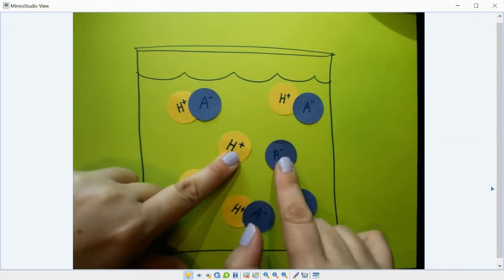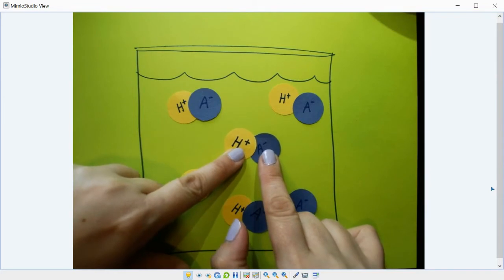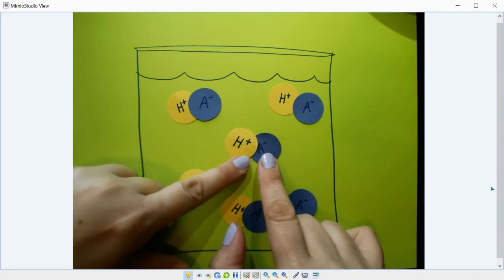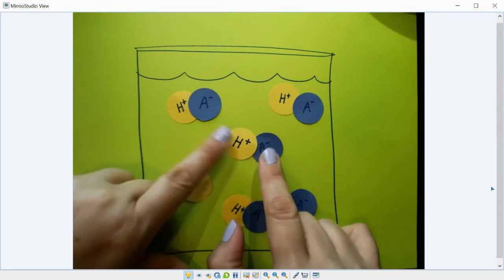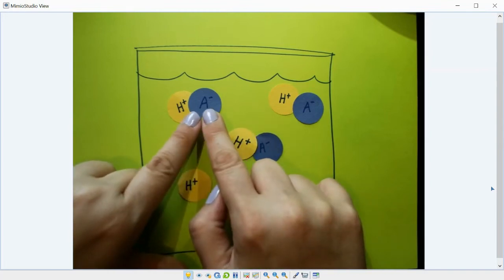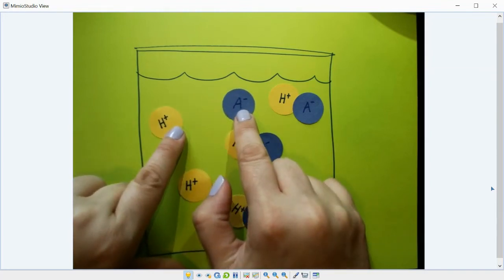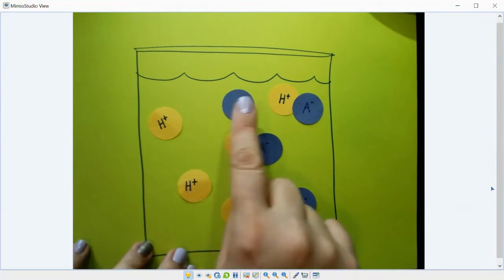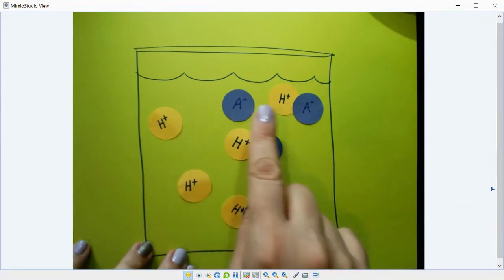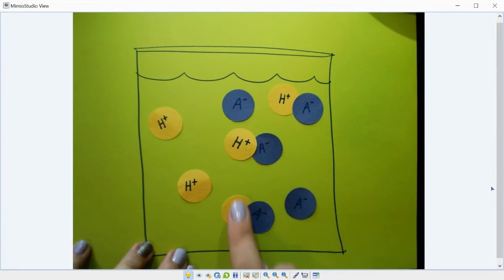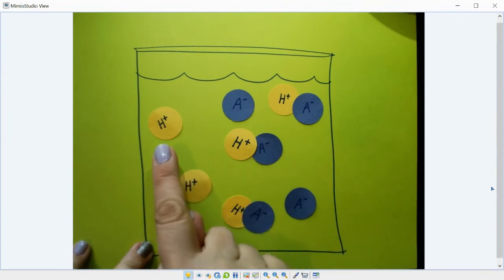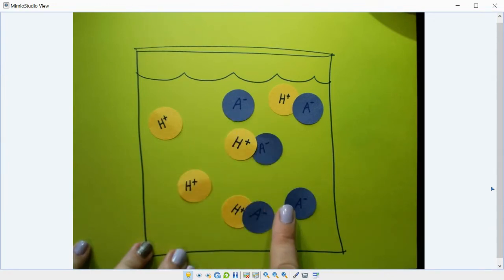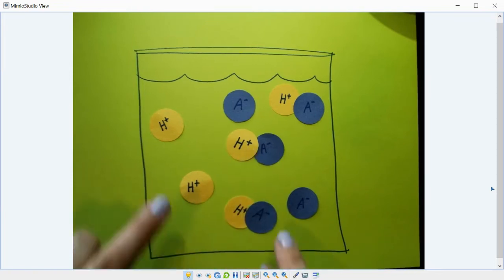Well, I have a positive and negative charge and they're going to stick together. But when that happens, if this is at equilibrium, one of these that is already stuck together is going to break apart. So we're always going to maintain this ratio of HAs that are stuck together to how many H pluses and A minuses are dissociated into ions.